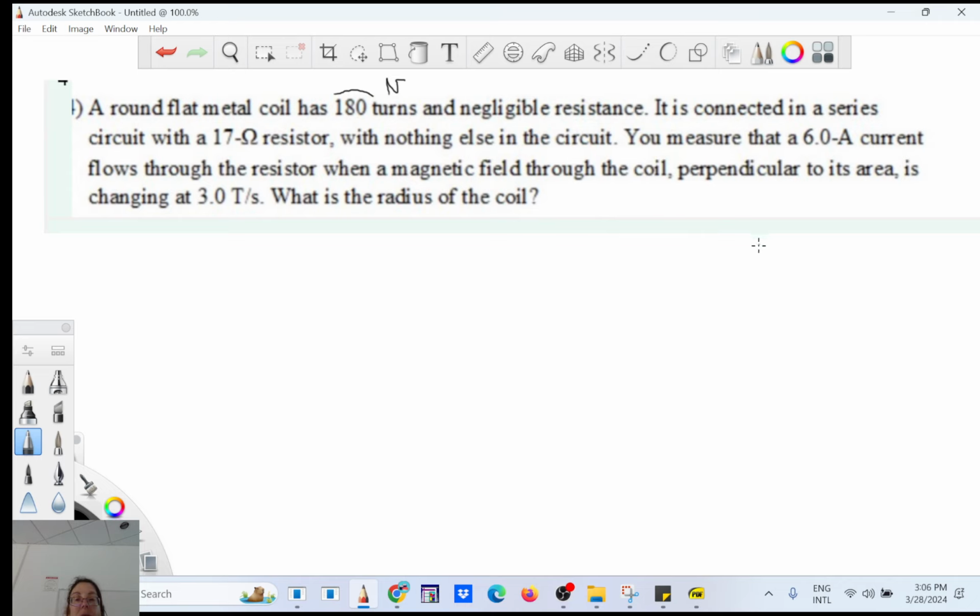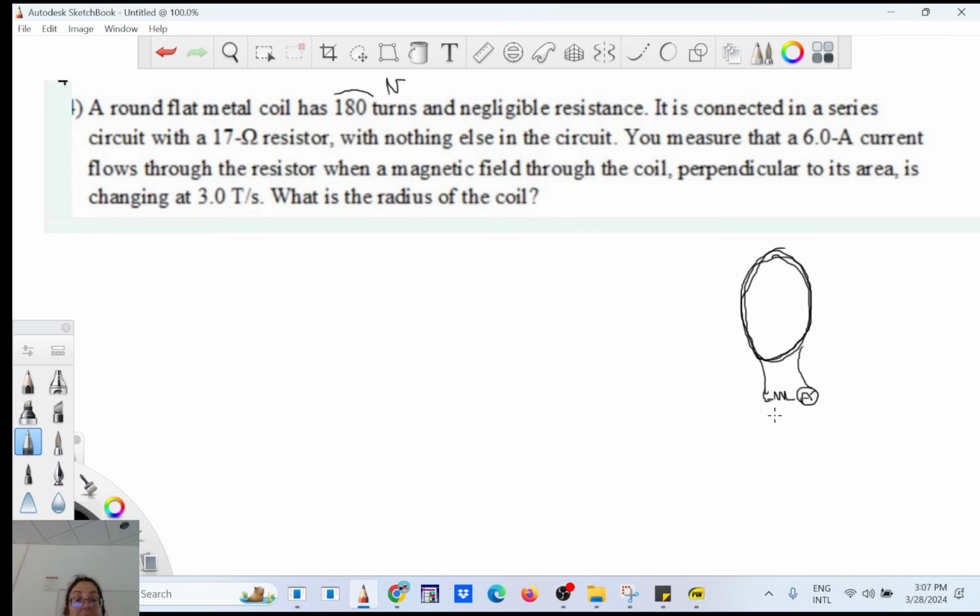So it means you have a coil, and this is connected to a resistor, and you are measuring the current here. So it's a circuit in series, but you have a coil here.